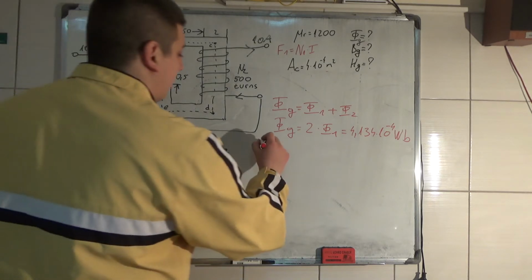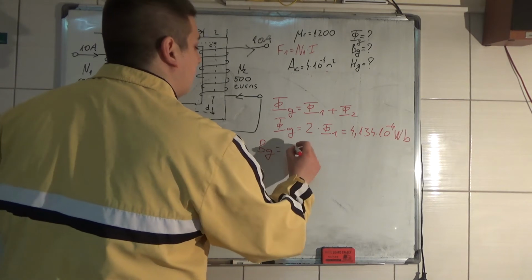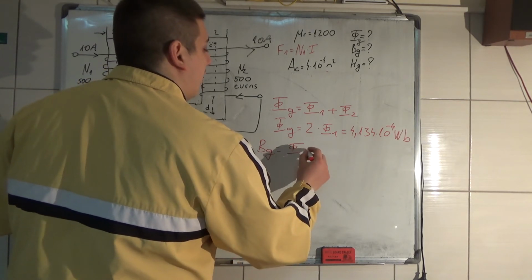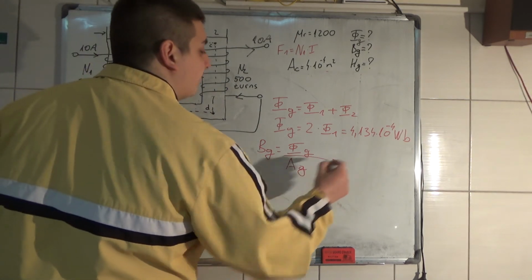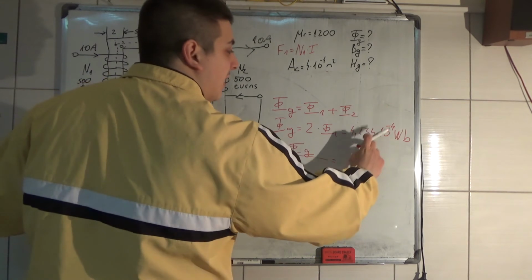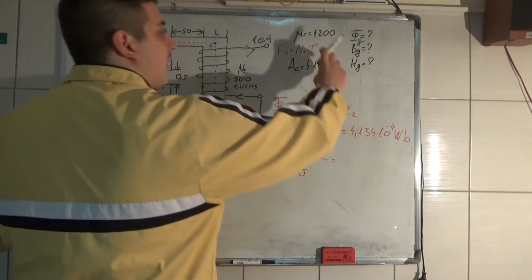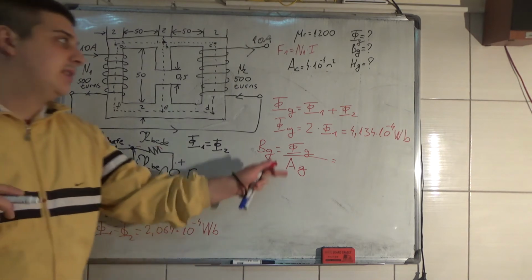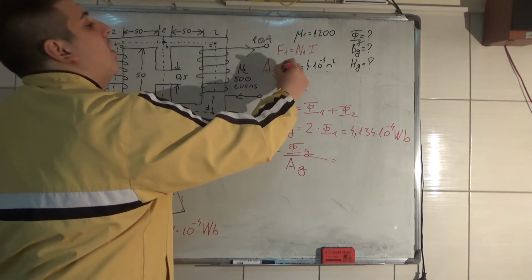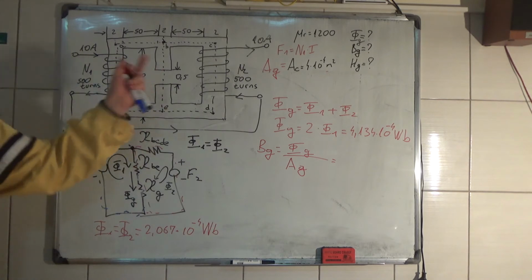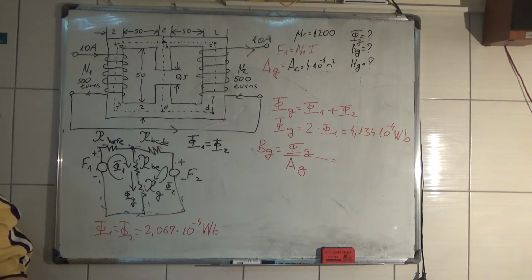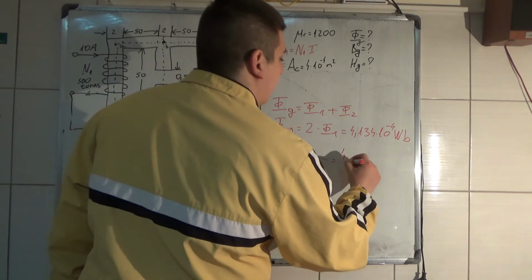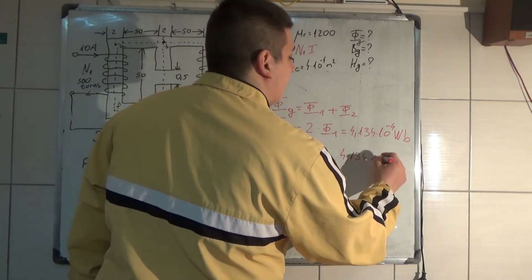Now the magnetic flux density is equal to the flux of the air gap divided by the area of the air gap. That's 4.134 times 10 to the minus 4 divided by this, because AG, the area of the air gap, is the same as the area of the core, and you get 4.134 times 10 to the minus 4.